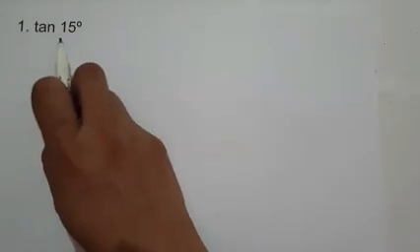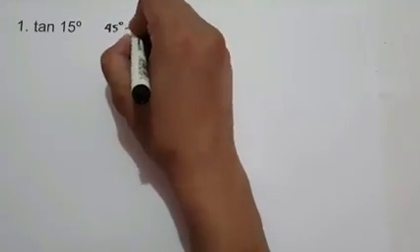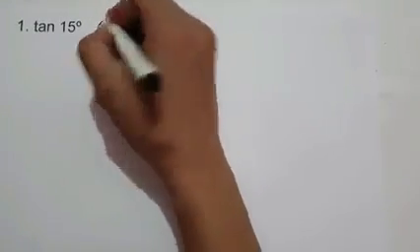In the first example, we have tangent 15 degrees. How can we find the exact value of tangent 15 degrees? First, we need to identify two angles in a unit circle that can be added or subtracted in order for us to get 15 degrees. And that is 45 degrees and 30 degrees.